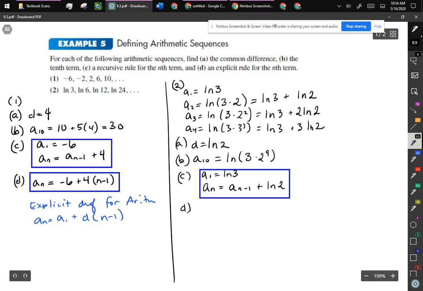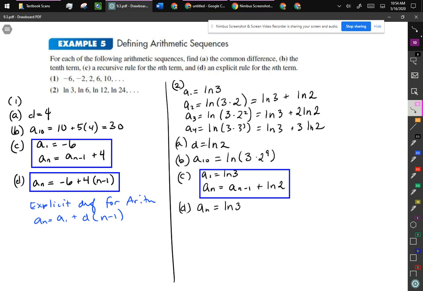And then D is the explicit definition for this arithmetic sequence. And so that's just a sub n. We'll start from the beginning. So if I start always from the beginning, just like I did in my examples, I start with ln of 3. And I can look at my little analysis here, right?